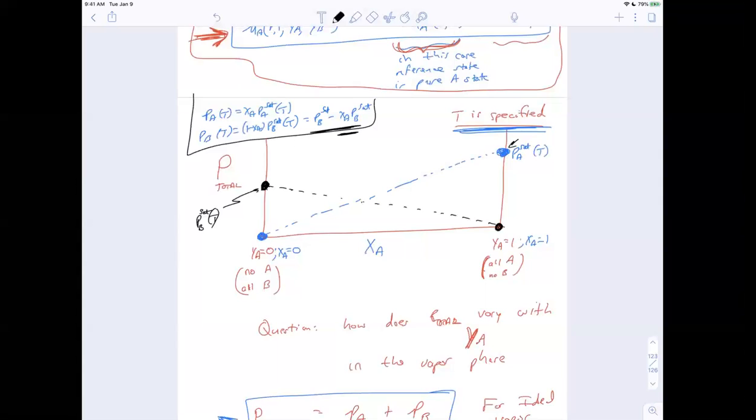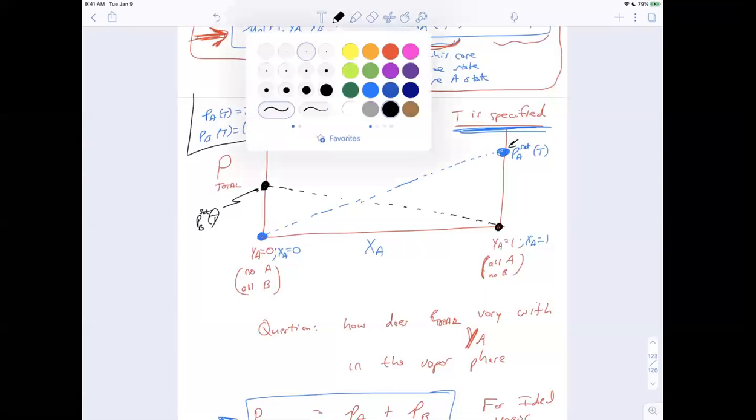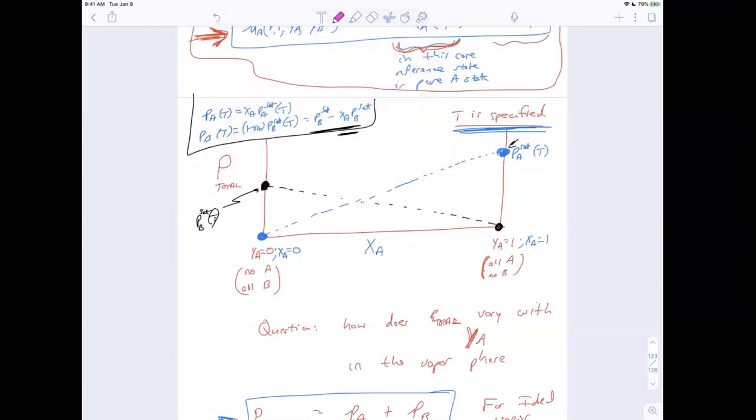So we have these 2 points. They must be connected by a straight line because the curve for P total as a function of X sub A, we already deduced, is a line. And so it turns out very nicely that the line you get for the total pressure just connects PB sat and PA sat.